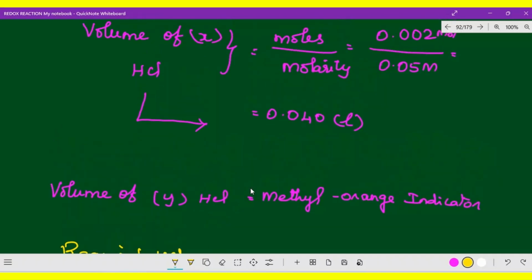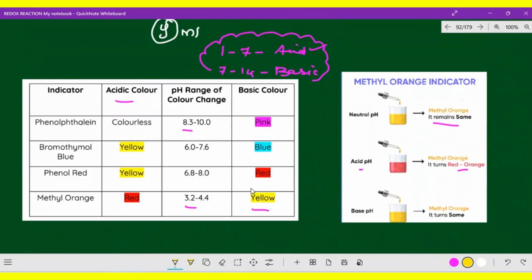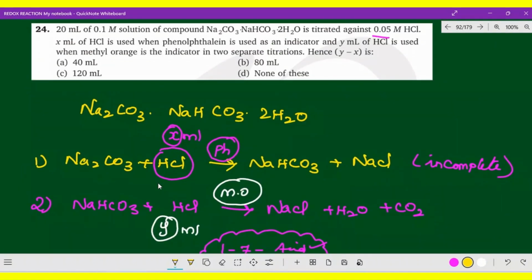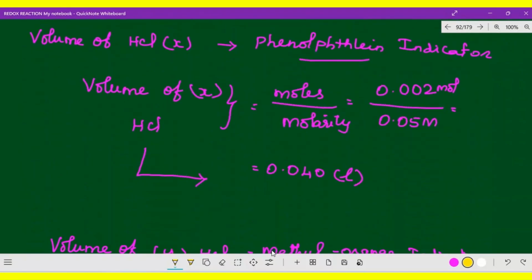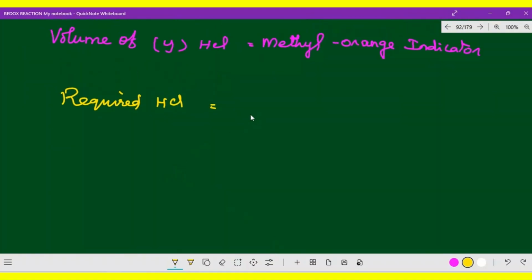Here 2 HCl required to complete the neutralization. Now you see the reaction. Here one HCl and here one HCl. So according to the balanced equation, 2 moles of HCl we required. While calculating, 0.002 moles of Na2CO3, so naturally the required HCl is 0.004 moles. I hope you got that idea.